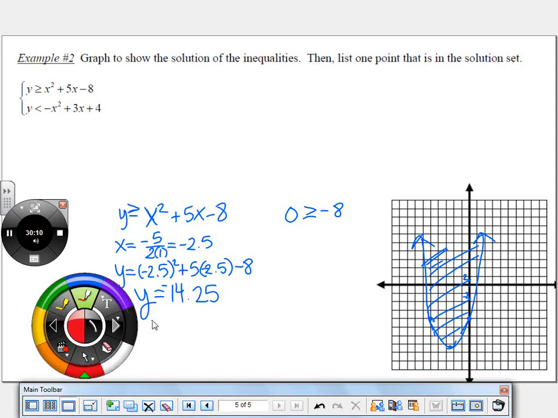is y is less than negative x squared plus 3x plus 4. So we want to go through the same procedures to get this on the graph. So you guys go ahead and start it on your paper. I'm going to start it up here.